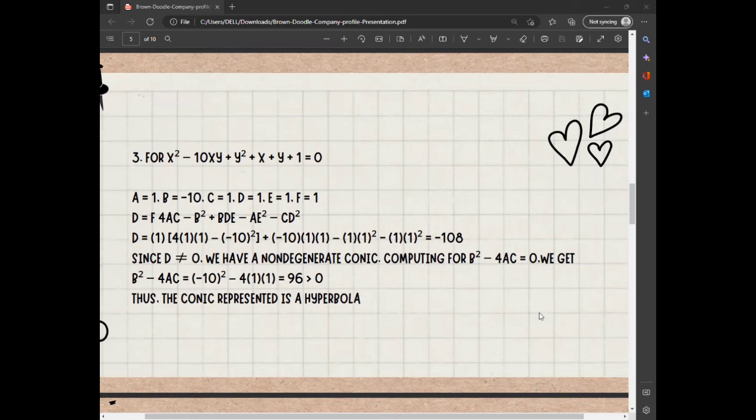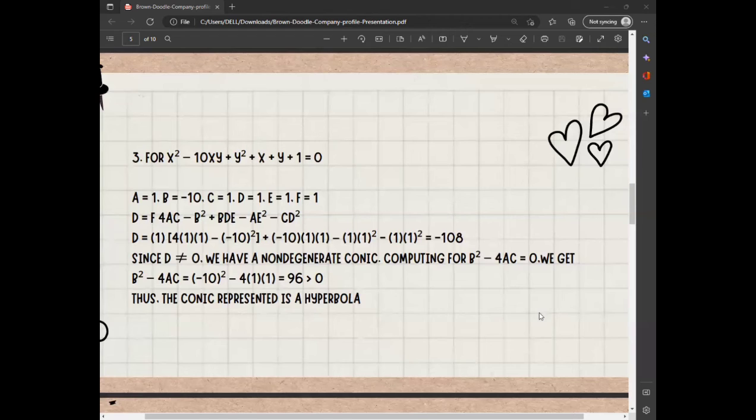Substitution right away: D is equal to 1 times 4 times 1 times 1 minus negative 10 squared plus negative 10 times 1 times 1 minus 1 times 1 squared minus 1 times 1 squared, which is equal to negative 108. Since this is not equal to 0, we have a non-degenerate conic.